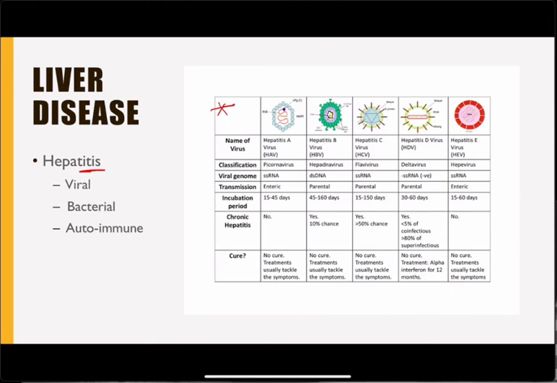Hepatitis A, hepatitis B, just different viruses that have a propensity to cause damage in the liver. There can be bacterial agents that get in and lead to an inflammation in the liver, as well as autoimmune attack, where your body has marked something within the liver as an invader and repeatedly attacks it.